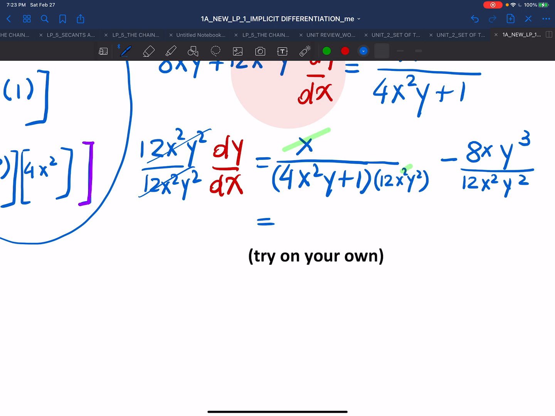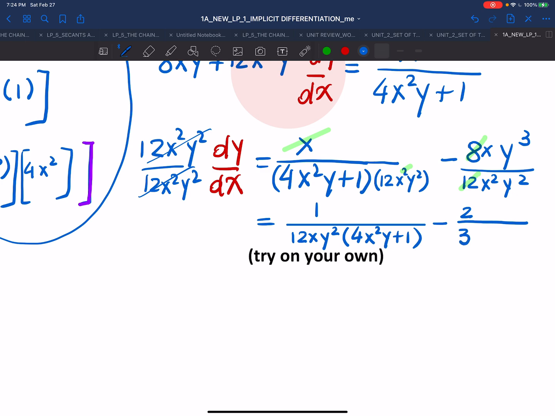So we have 1 over (12x y squared) times 4x squared y plus 1 minus 8 and 12 can reduce to 2 over 3.